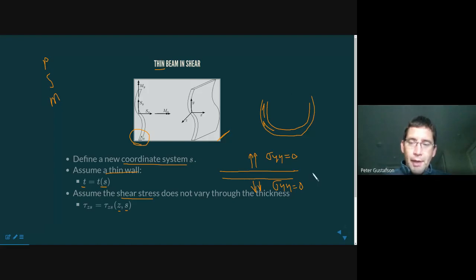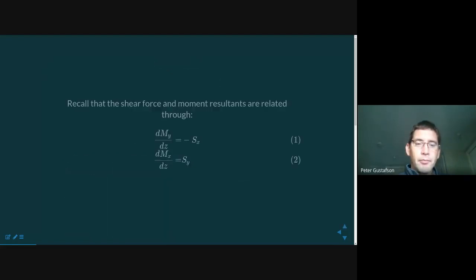Okay, because sigma yy is 0, because the gradients are governed by that governing differential equation, the one I was just writing, we can make this statement that through thickness the stress does not change. Now moving forward from that point, we can remember, of course, also that the shear force and moment resultants were derived previously. dMy dz is equal to minus Sx, dMx dz is equal to Sy positive.